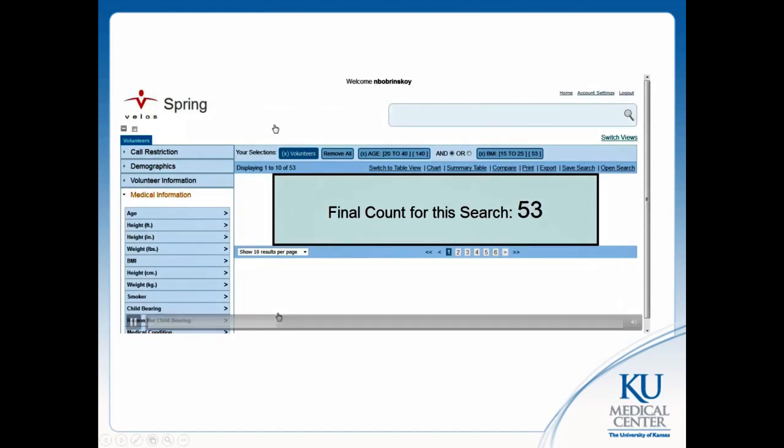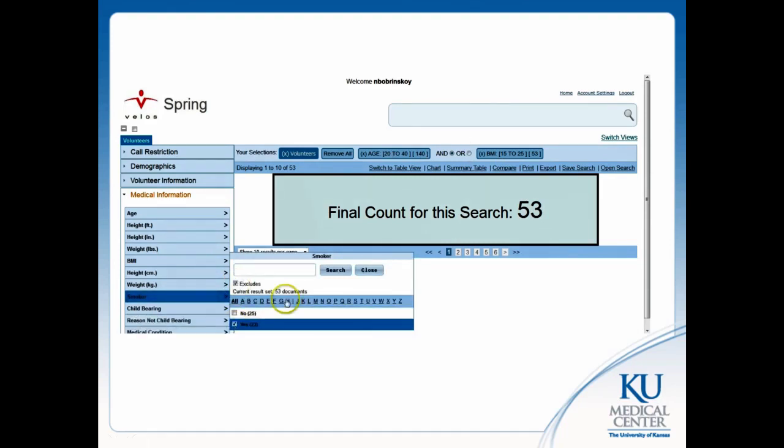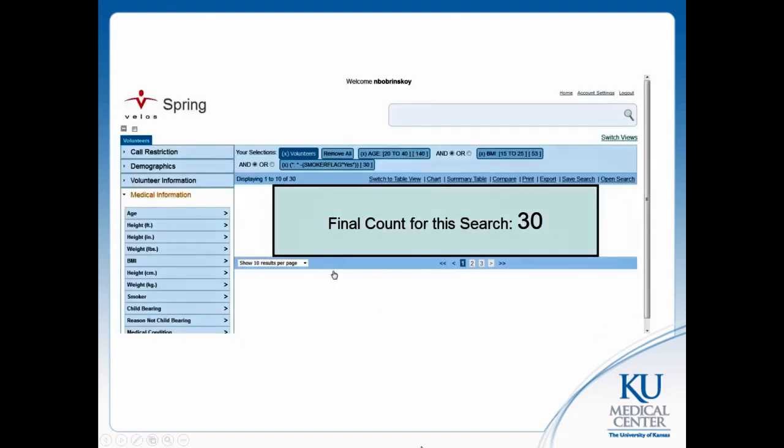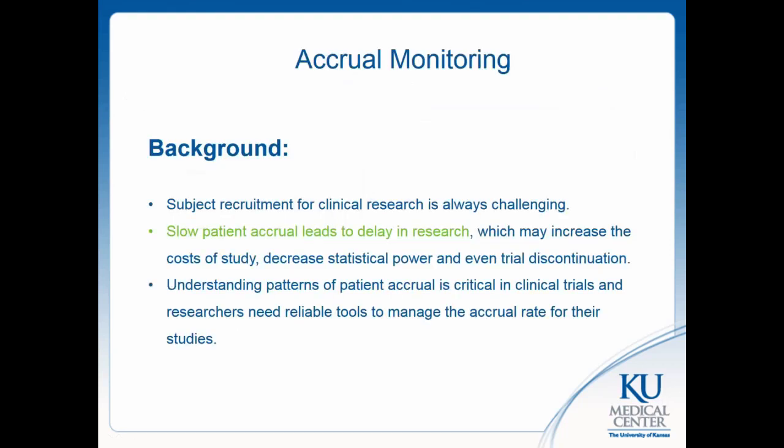So we can see here, as a funnel structure, we have been adding the inclusion criteria. Now I'm going to use an exclusion criteria where I'm removing patients who have a smoking status. That's how you can narrow your patient population size.